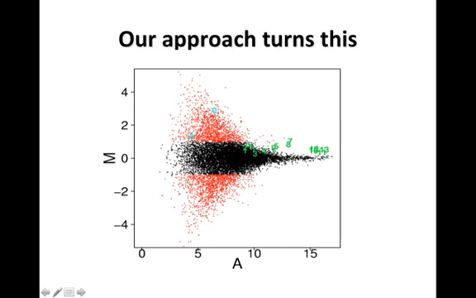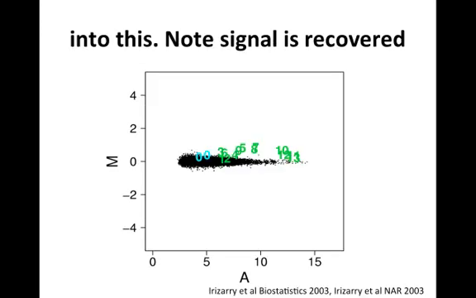So when I, instead of using this background correction approach, use the RMA approach, then it turns into this. So you can see that obviously the background noise has been taken away. The signal is still there. We still can distinguish these genes from the noise.